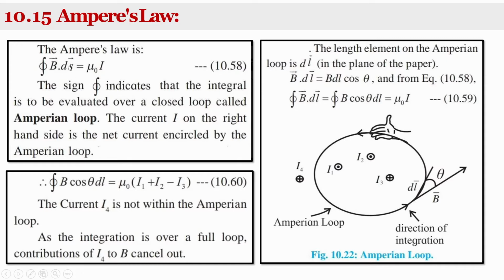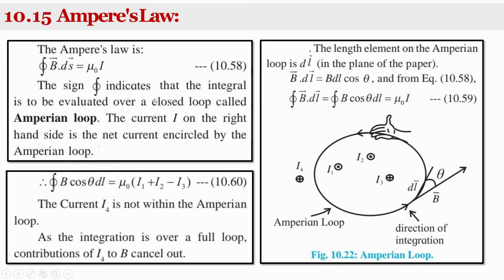While we see the statement of Ampere's circuital law, we say that the line integral of B dot dl or B dot ds over a closed path is permeability times the current flowing through the loop.